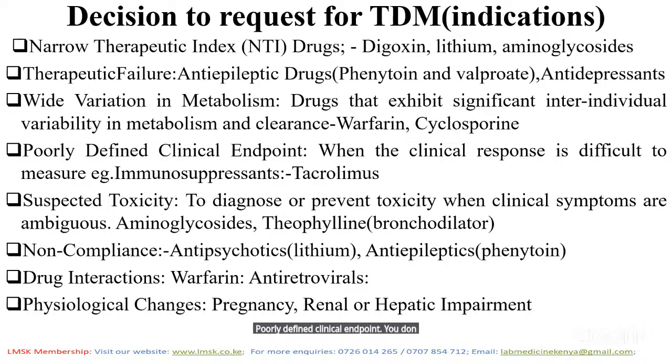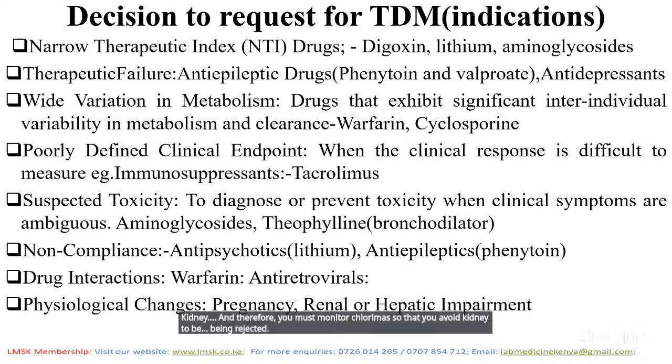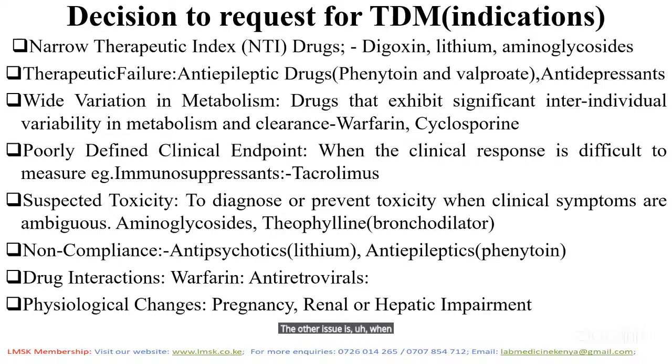You don't know when the drug is working or when you are supposed to judge the drug. What is the clinical endpoint? One such drug is tacrolimus, which is used to prevent kidney rejection. And therefore, you must monitor tacrolimus so that you avoid the kidney being rejected. The other issue is when a drug has suspected toxicity.